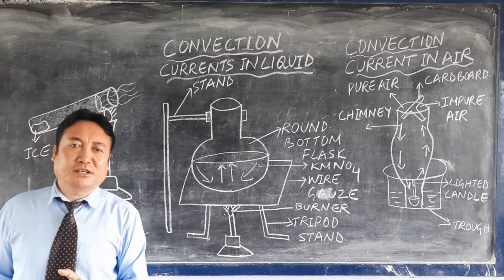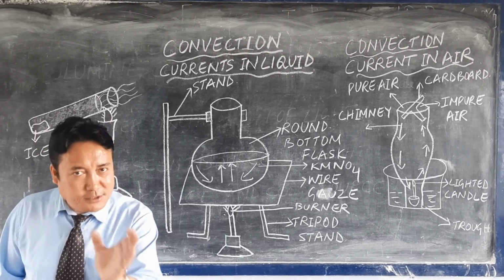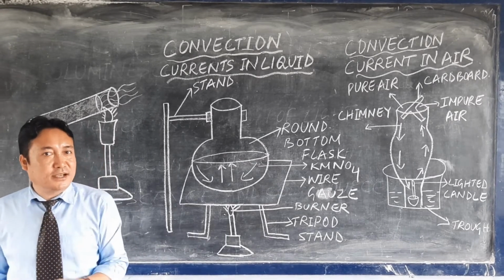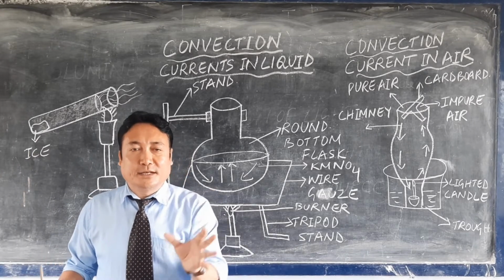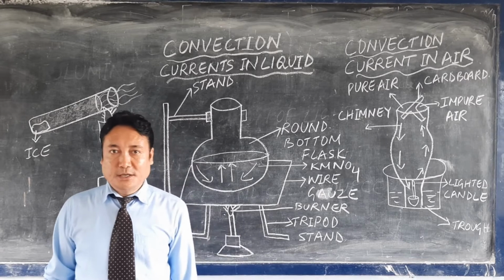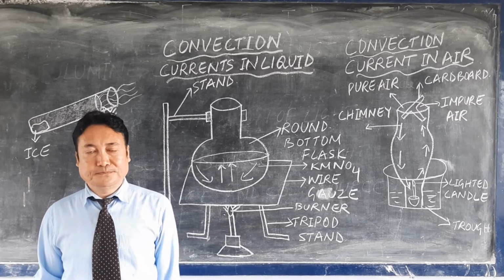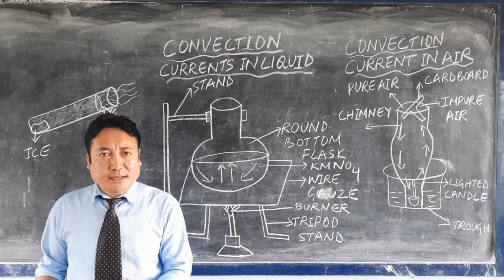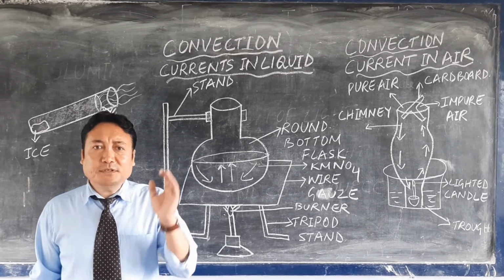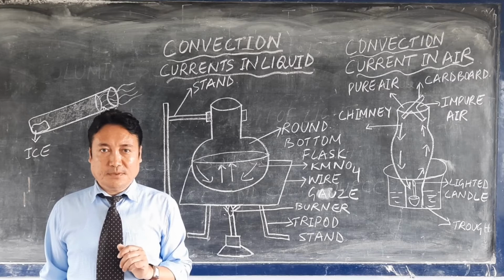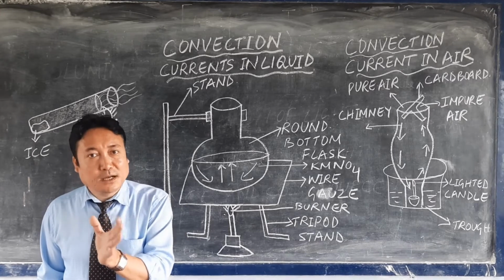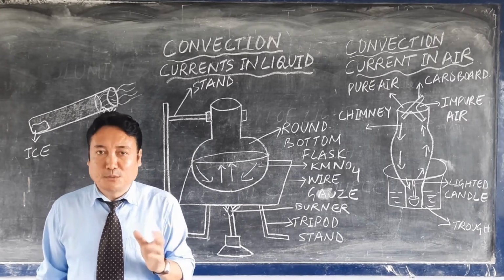How can we understand this convection current? Say you light a heater in a room during the winter. After some time the entire room becomes warm. The air inside the room becomes warm.